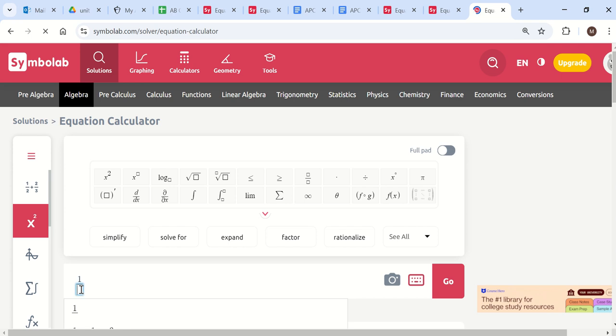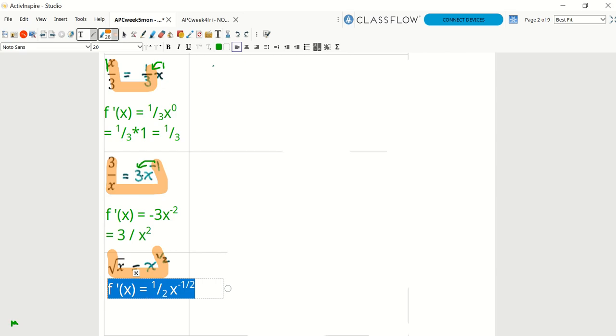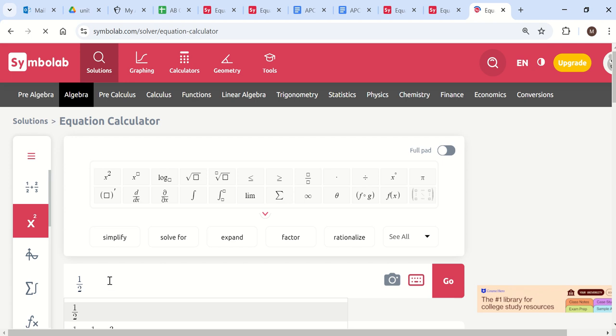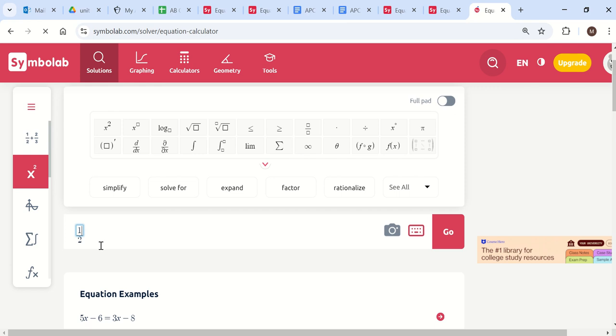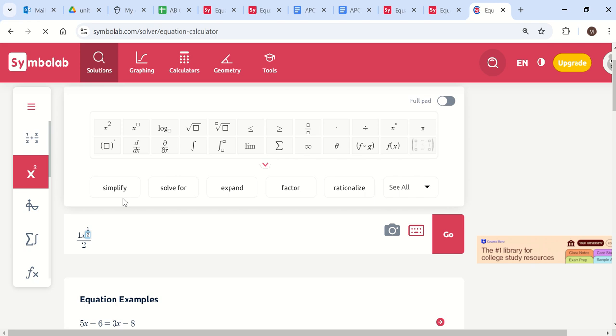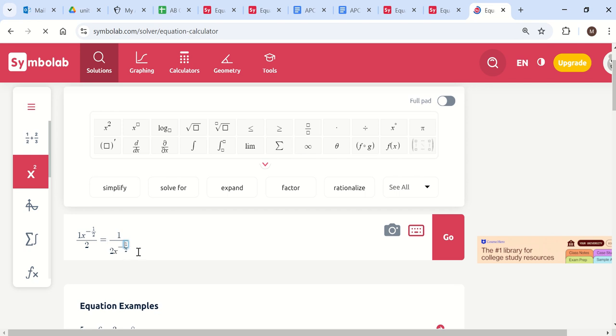So I had 1 over 2, and then x to the power of negative 1/2, like that. Now this is going to move to the bottom, and the negative is going to change to positive.